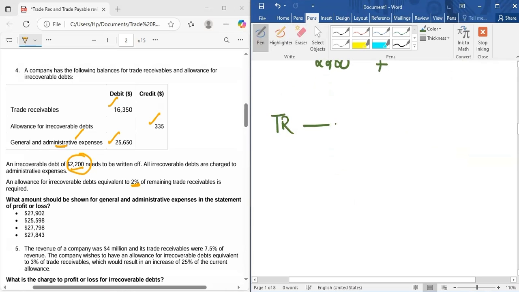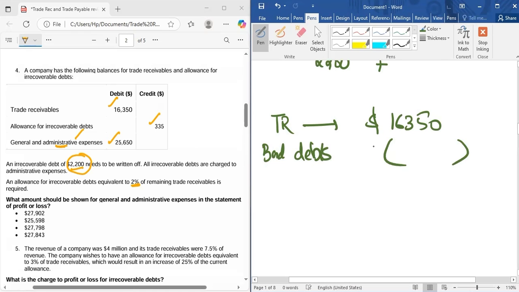Trade receivables initially were $16350. Then there were some bad debts, or I can say irrecoverable debts. So I will remove it from here. They were 2200, right? So you will get a figure of $14150.